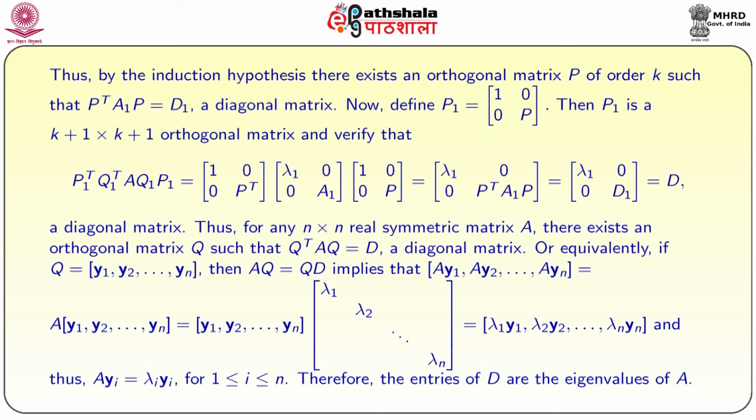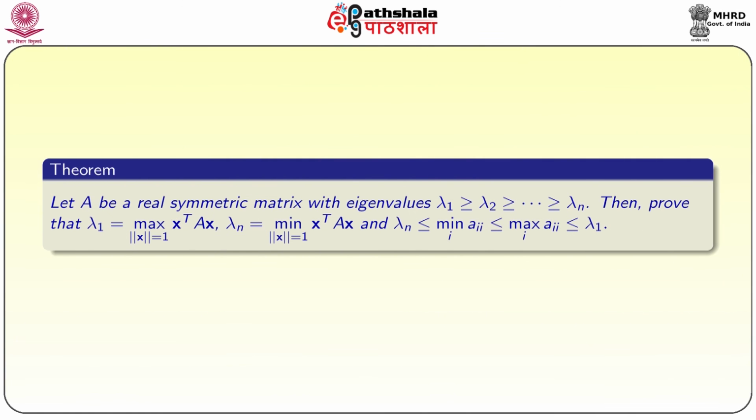Thus A yi equals lambda i yi, therefore the entries of D are exactly the eigenvalues of A.